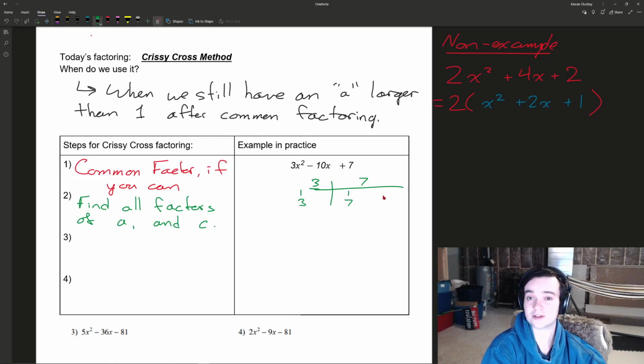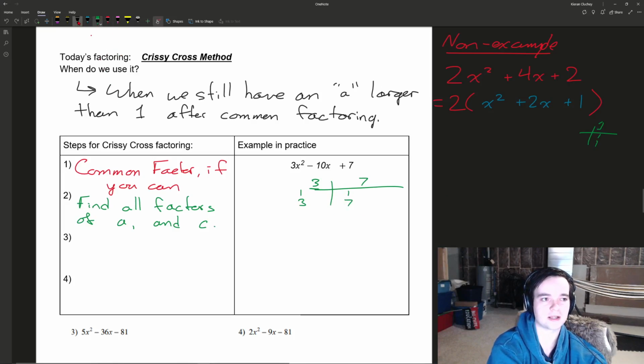This is a lot similar to what we were doing in order to factor before, where we had to find the factors of 1, which weren't that many. And this told us pretty quickly what we needed to put down inside the brackets. So we're going to do basically the same thing here. These are going to help us determine what we need to write inside our brackets.